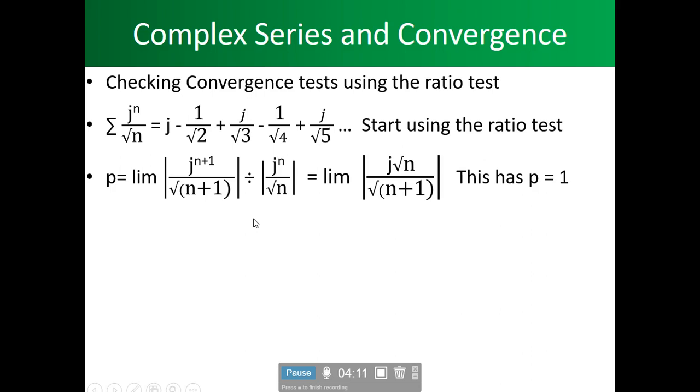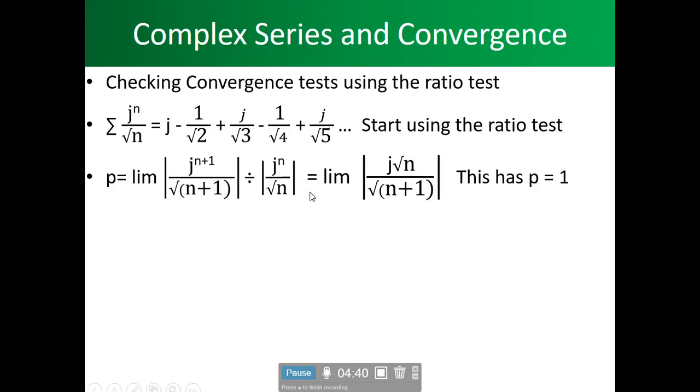Okay, so what we will do again is take the absolute value, and we will be looking at the next term after the n plus 1. So as you can see, we are now dividing a sub n plus 1, which is j to the n plus 1, divided by the square root of n plus 1, by j to the n divided by the square root of n.